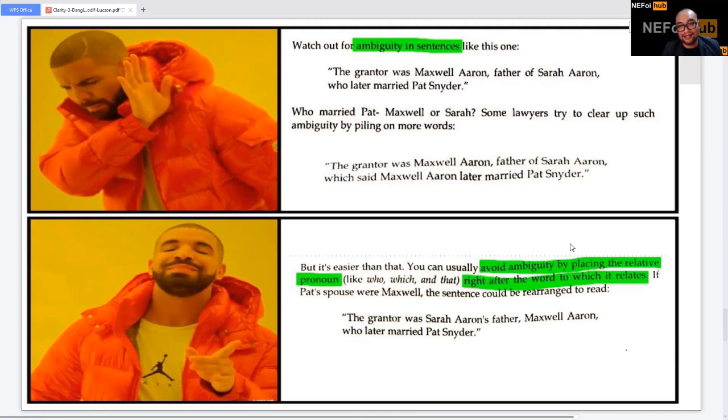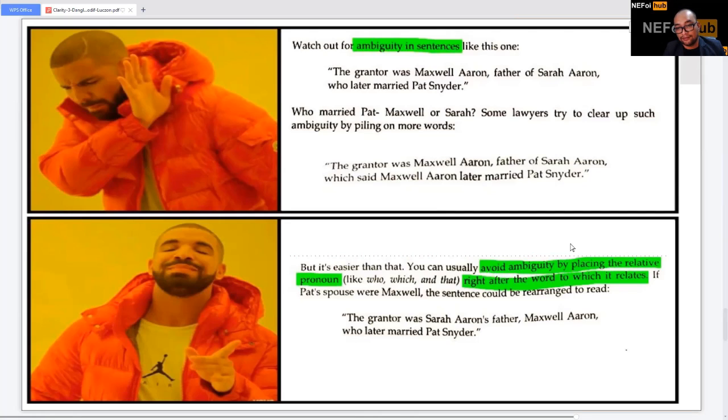It says here that we should watch out for ambiguous sentences, especially those dealing with multiple subjects and the way we place commas in between different topics or different groups of terms.